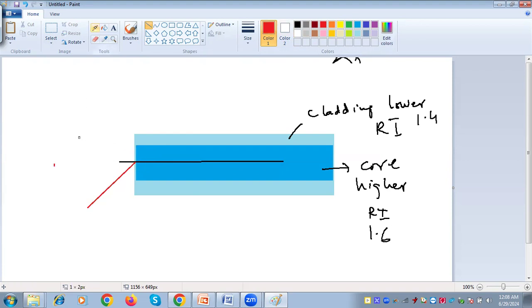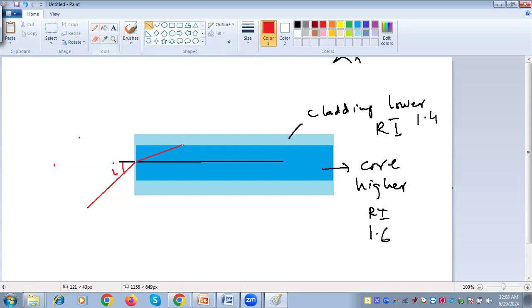Now this is the angle of incidence, I. Now it will bend towards the normal. It is meeting the core to cladding boundary, and the angle it makes at the boundary must be more than the critical angle of the core.